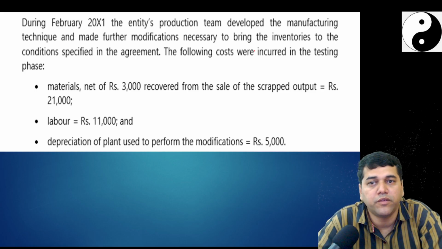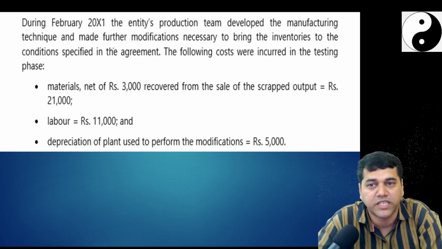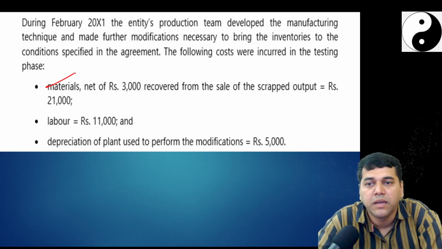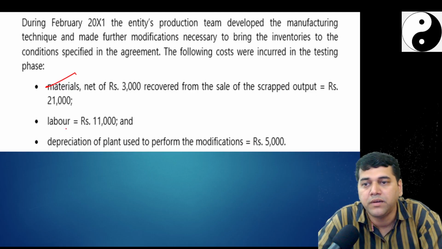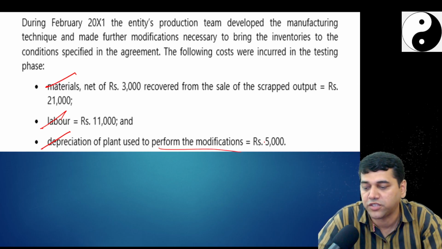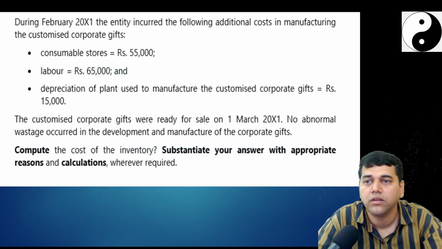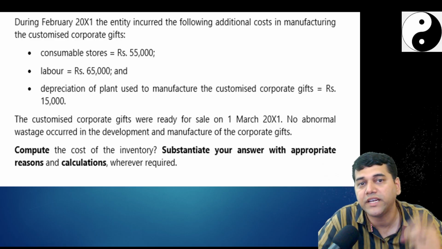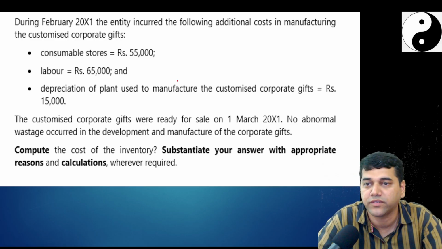During the month of February, the entity's production team developed the manufacturing technique to make the specification. As per the specification, the following costs were incurred: materials, net of scrap, labor, depreciation on the plant used to perform the modifications, 5,000. Now, during February, the entity incurred the following additional costs on manufacturing the corporate gifts: consumables, labor, depreciation.